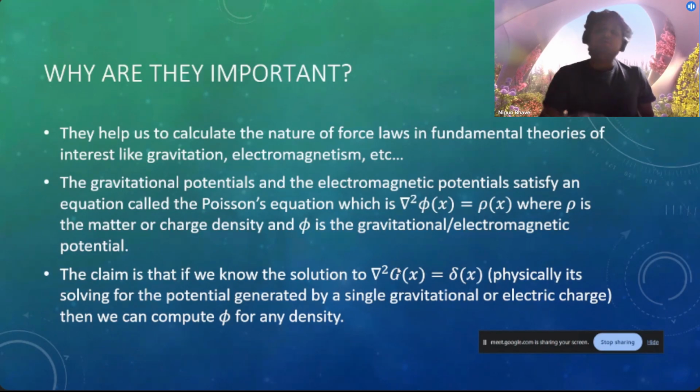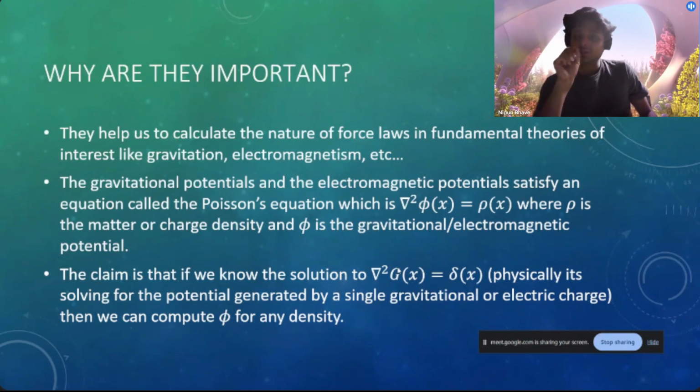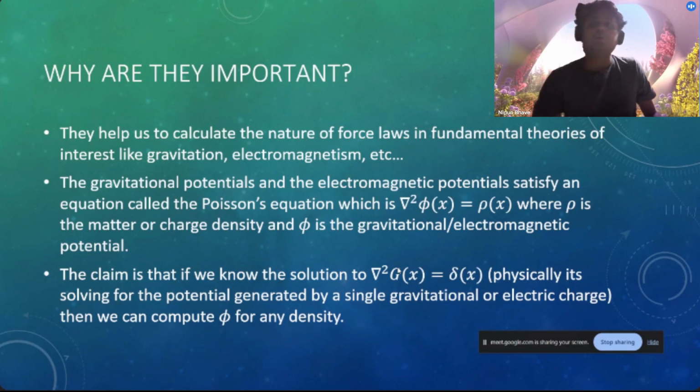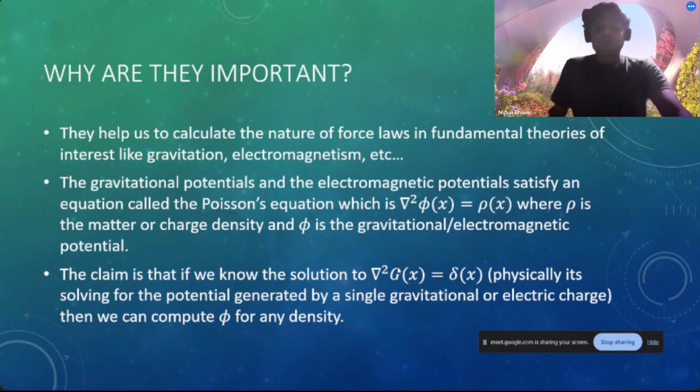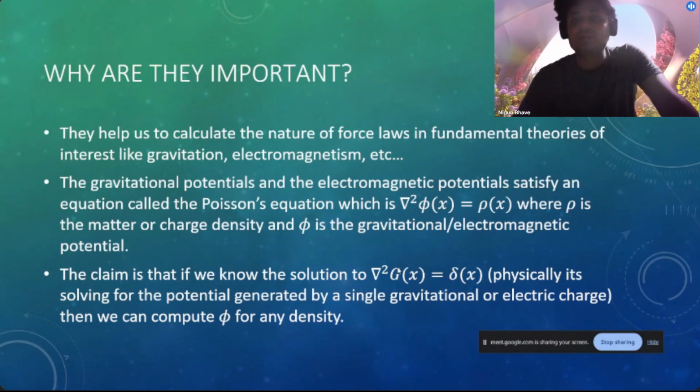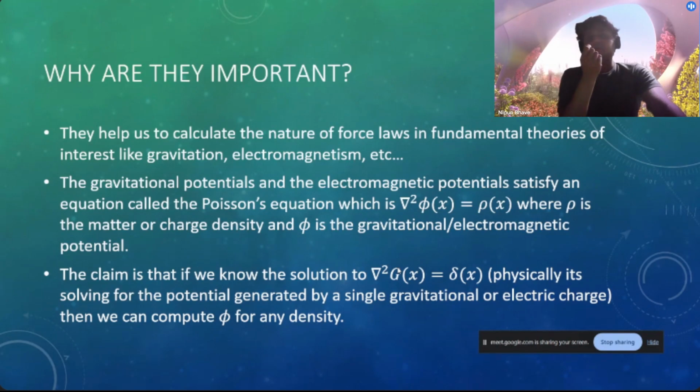So what this tells you is that you just solve for the Green's function. When you solve for the Green's function, you have actually solved any problem of electrostatics. Give me any rho of x, I can find the potential generated by it, correct? For gravity, it's like a point mass placed at the origin. For electrostatics, it's a point charge placed at the origin.